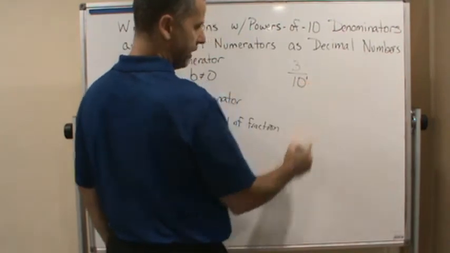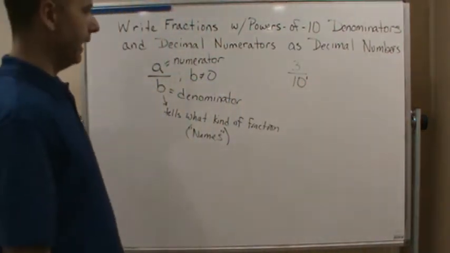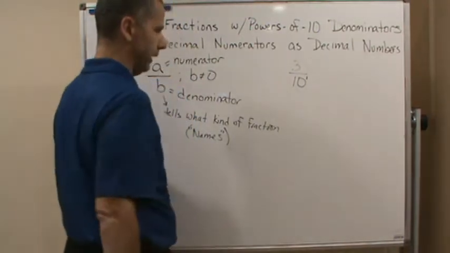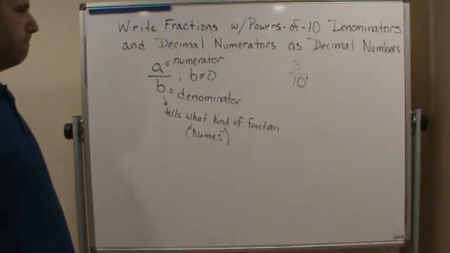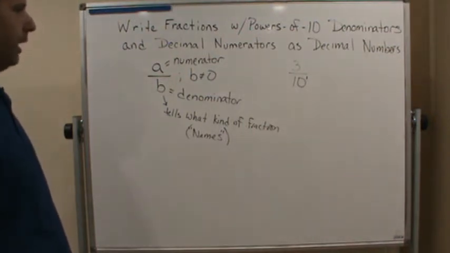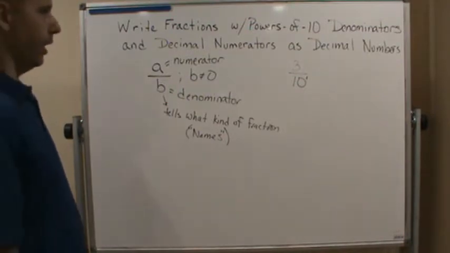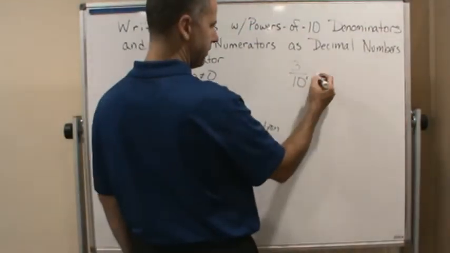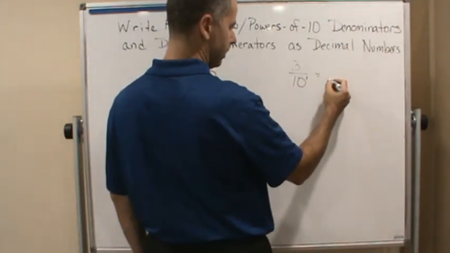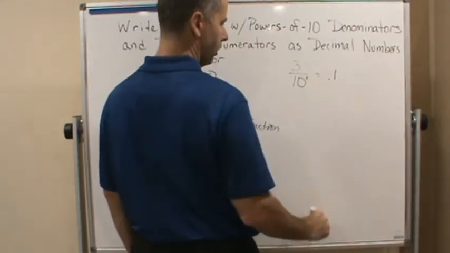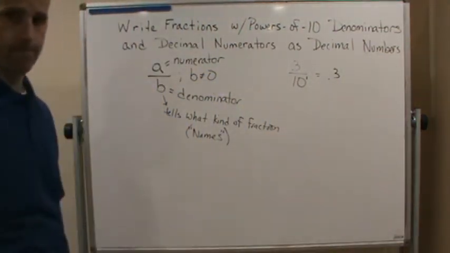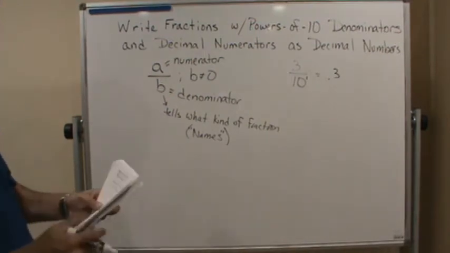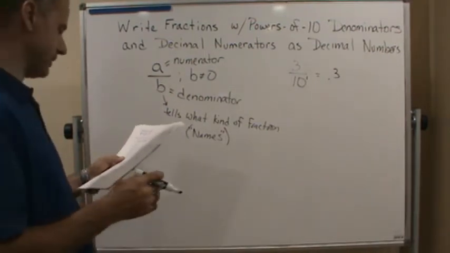This is just 10 to the first power. And then we have the numerator. So in this case, how do we write this as a decimal? Well, 3/10 is the same as, oops, not 0.1, 0.3. And how do we get that? Well, this is what we're going to talk about. Before we get to that, I'm going to show you the steps.